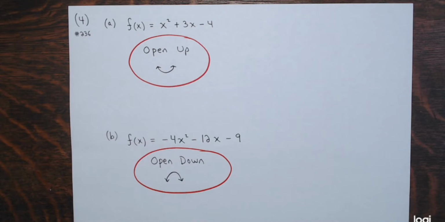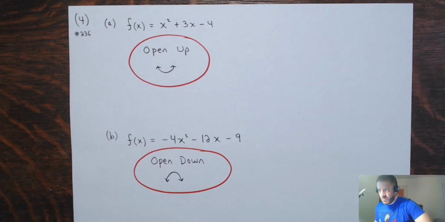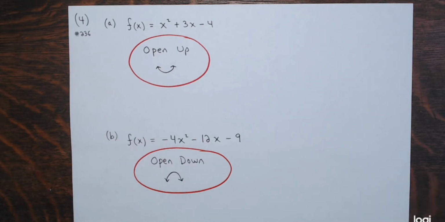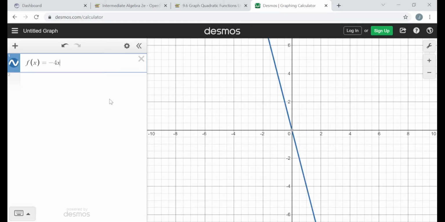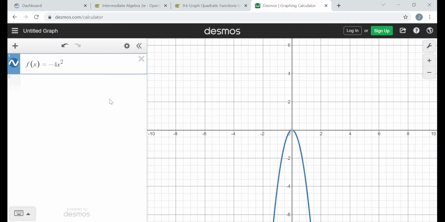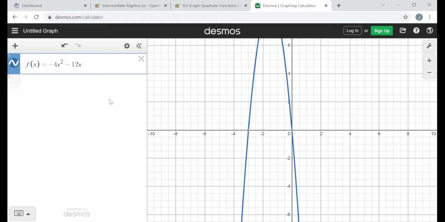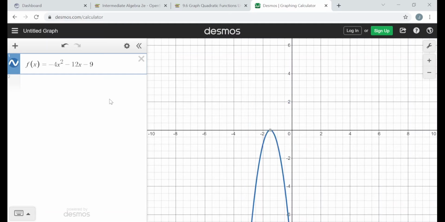And once again, I'll just show you. Nope, not that one. Hello. You saw my face for a second there. All right. I'll show you by going to the Desmos site. So we have f of x equals negative 4 times x squared minus 12x minus 9. And there you go. Definitely a parabola opening downward. Great.